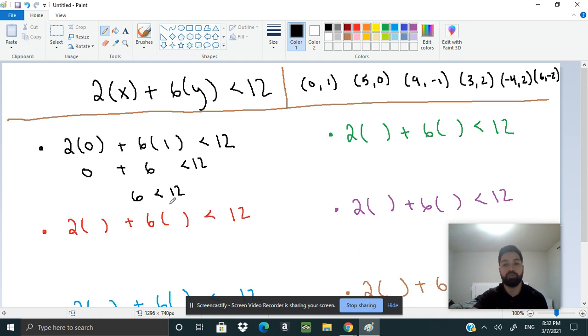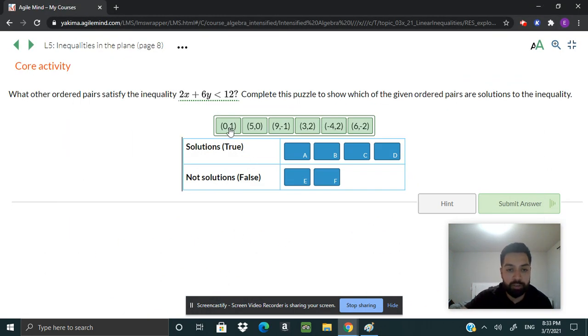Is that true? Yes, 6 is less than 12. So this is true. That means the first ordered pair, 0, 1, is a solution. So over here, you would drag this one into the true solutions category.